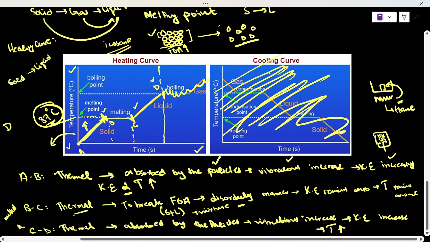You see, at 37 degrees centigrade, no energy was being absorbed by the particles. But the moment it reaches point C and starts to go upwards, thermal energy is again being absorbed by the particles, because a state change has happened.